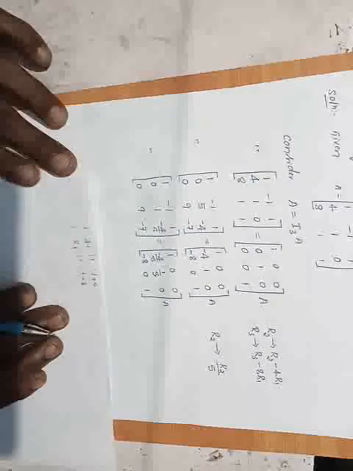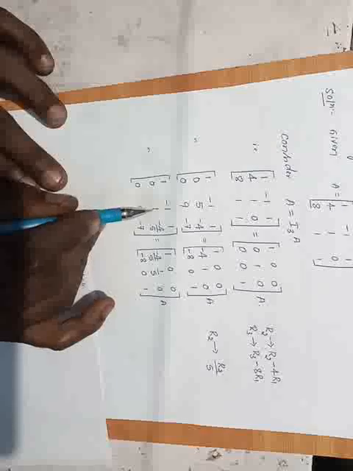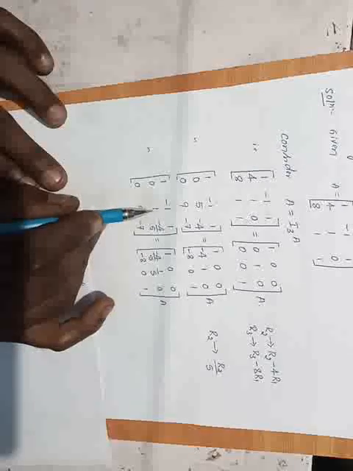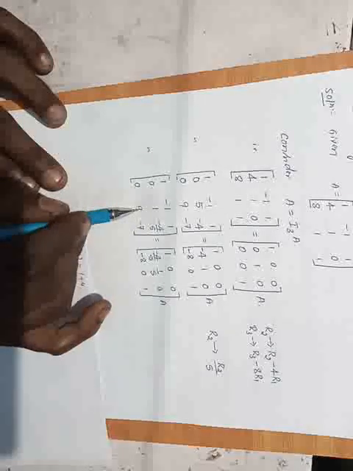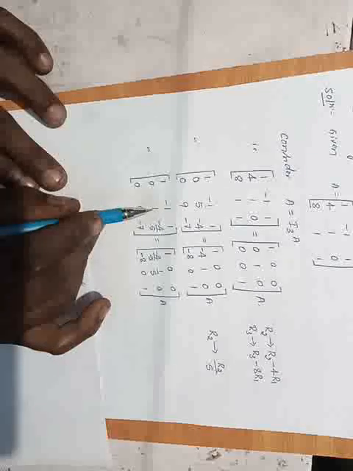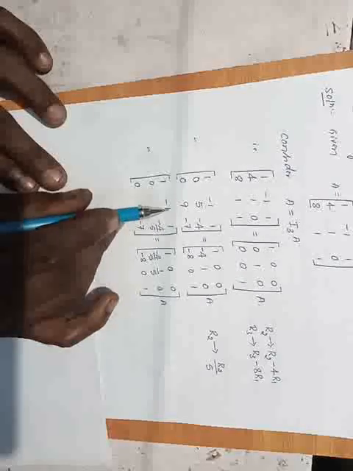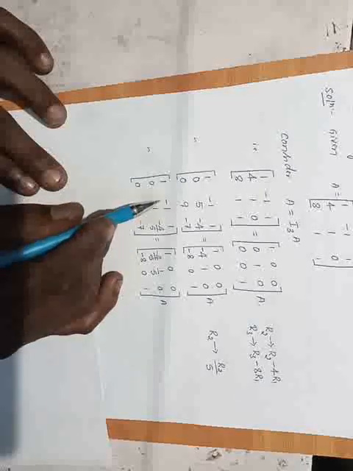Now you observe that the leading entry in the second row is 1. Now you have to make the element below the leading entry equal to 0. Not only that, we have to make the element above the leading entry equal to 0 to make this matrix equal to the identity matrix.